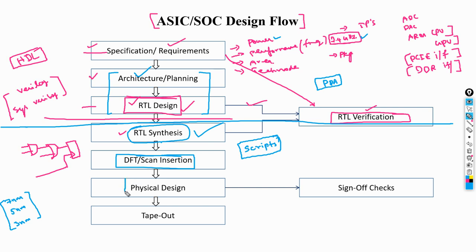Now we get into physical design. This is your gate level netlist. Right now, no area is targeted for the physical die area. Physical design is the time where we decide something called die size.